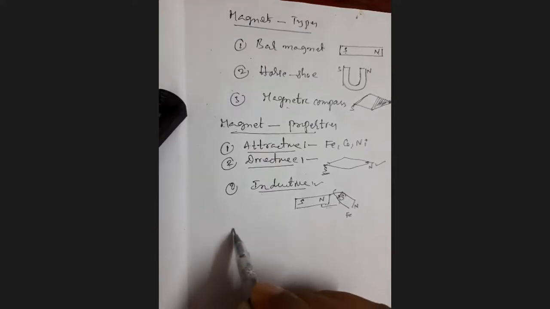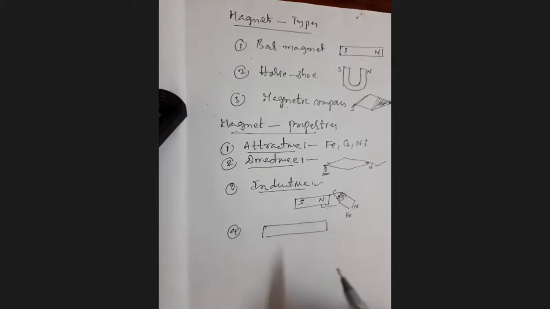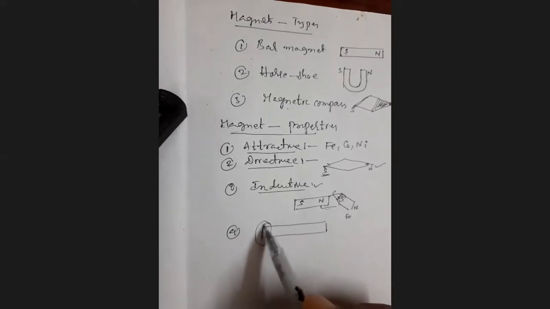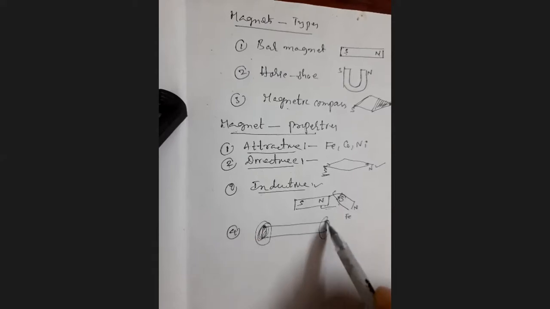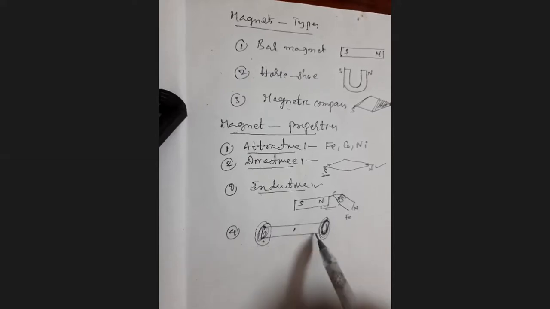Okay. The fourth one, what is pole strength? Pole strength. If a magnet is dipped into iron filings, you can observe that at the ends of the magnet, more iron filings are attracted, and no iron filings are at the center of the magnet. Therefore, these ends are called magnetic poles.